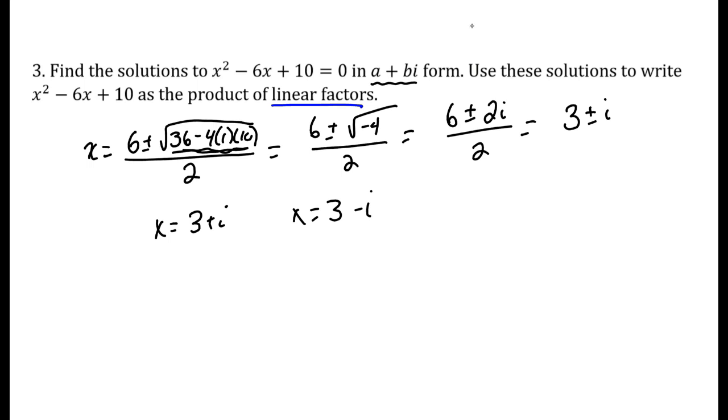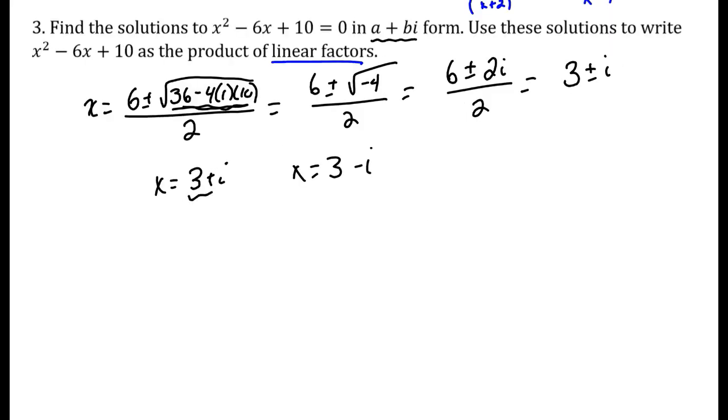So, if I told you you had a 0 at negative 2, you would say x plus 2 is a factor. If you had a 0 at 7, you would say x minus 7 is your factor. So, if I have a 0 at 3 plus i, my factor is x minus (3 plus i). If I have a 0 at 3 minus i, my other factor is x minus (3 minus i).